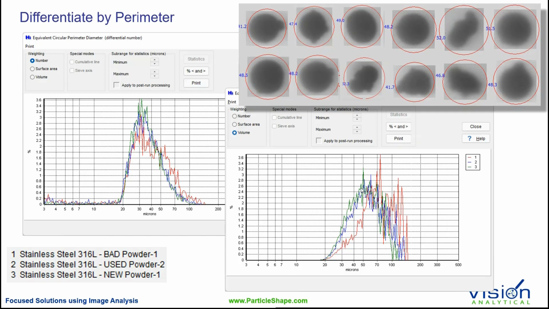We'll see if it's more round than the others, but in the blue, which is partially used, we start seeing a decrease in the percentage of particles in this 30 to 40 micron range, and they're starting to increase because we're getting some of those fused particles and deformed particles. And when we go to the red sample, the bad sample, we definitely get a lower population of particles similar to the virgin powder, and they're moving over to these larger particles, with a higher volume percent of their presence.